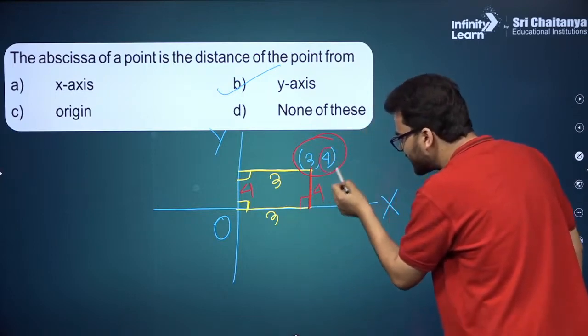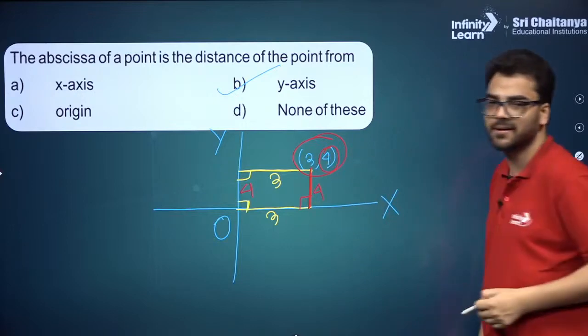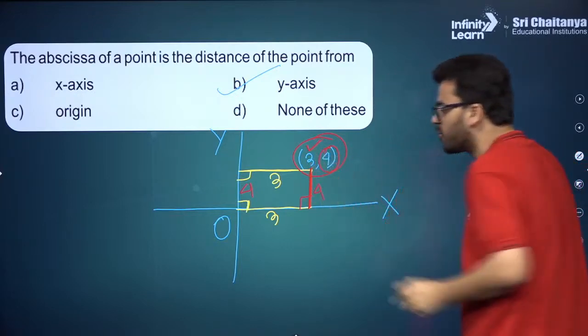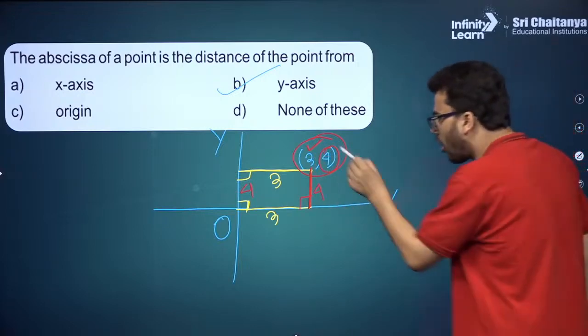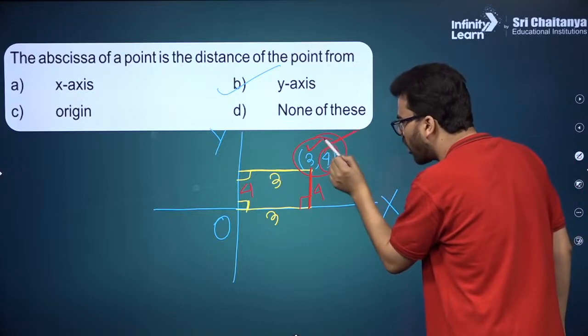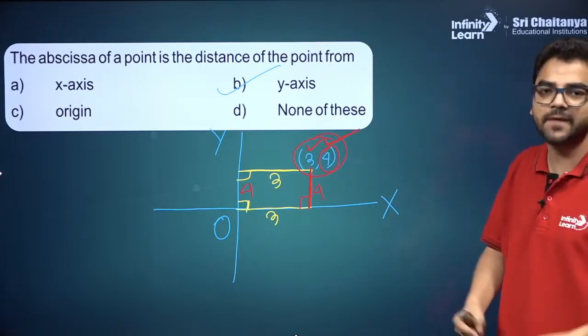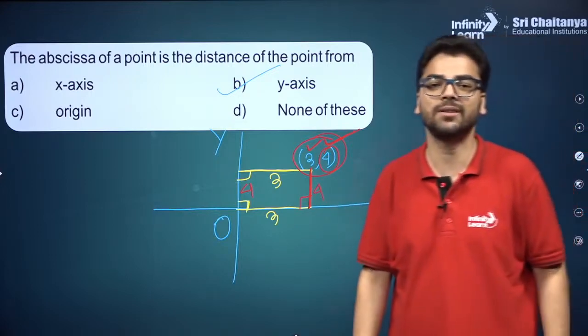So 4 is the perpendicular distance or distance from the x-axis. So abscissa or x coordinate of a point is the perpendicular distance from the y-axis, and ordinate or y coordinate of a point is the perpendicular distance of that point from the x-axis. I hope it is clear to every student in this session.